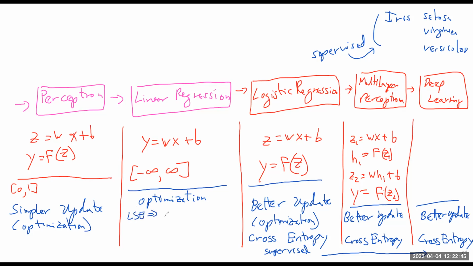Sometimes mean squared error, but least squares. And that was the other one where we had the other intuition. So it's a different function because we're trying to do a different objective. Do you guys understand? And then deep learning.